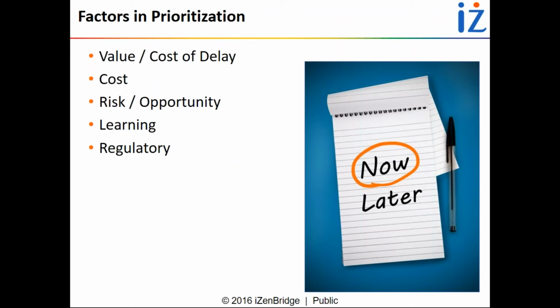Factors which play an important role in prioritization: what is the value to your business and what is the cost of delay? If you will not choose a particular requirement, or if you will not deliver on a certain time, then what is the cost of delay? If the cost of producing a requirement is less and value is high, definitely we will select that feature or requirement.